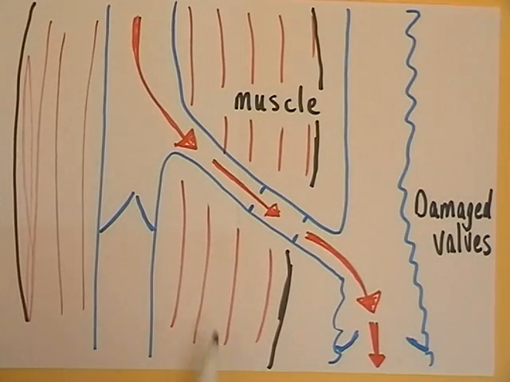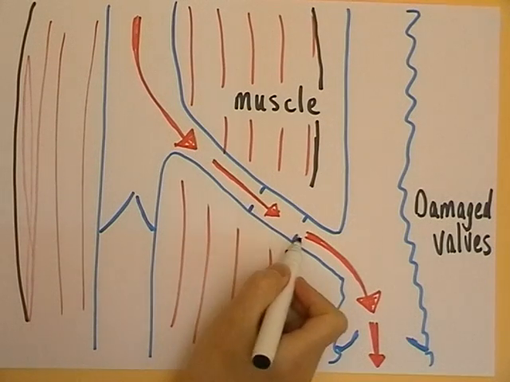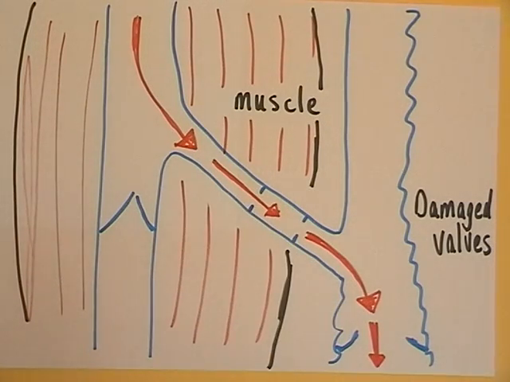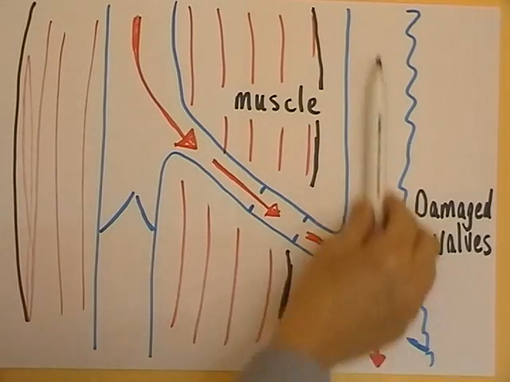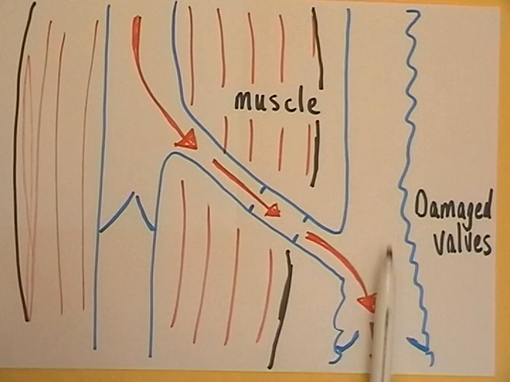But in this case, there's been damage to these valves in the perforating vein, and that means that blood is now able to flow, because fluids go from areas of high pressure to areas of low pressure. Blood is able to flow from the area of high pressure in this vein back into the low pressure system.